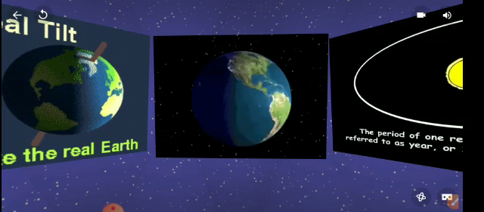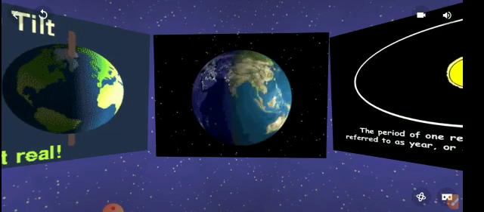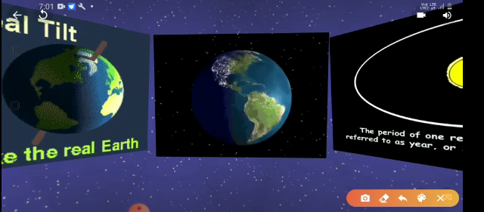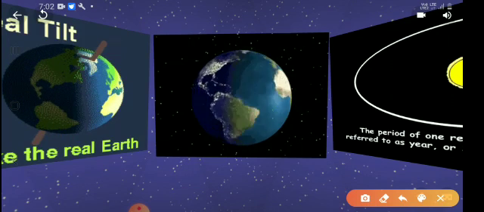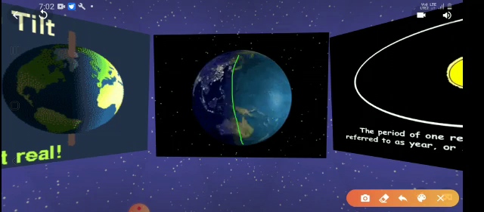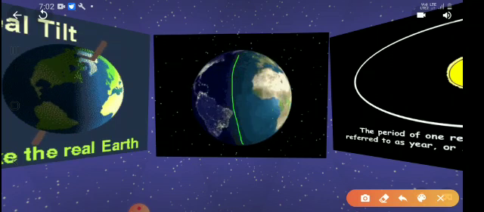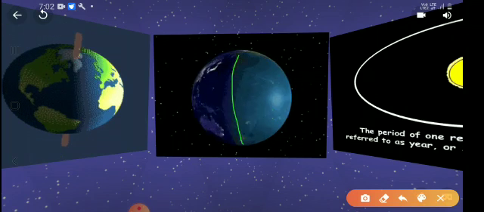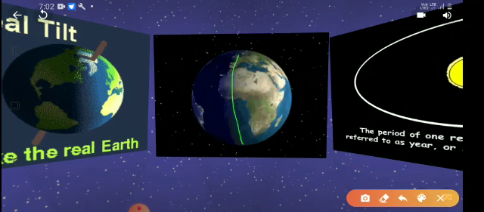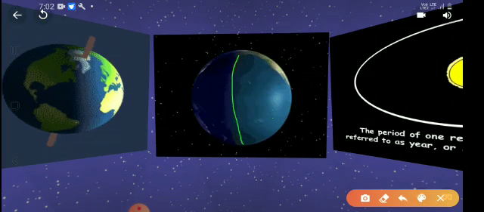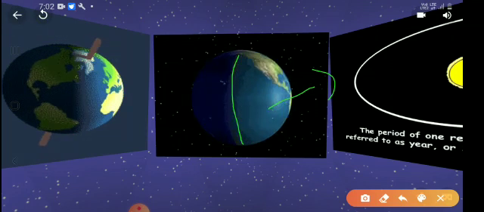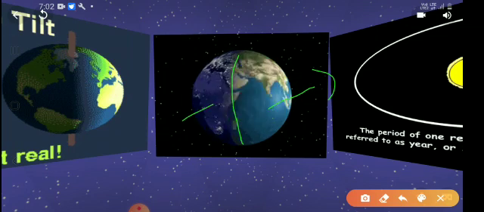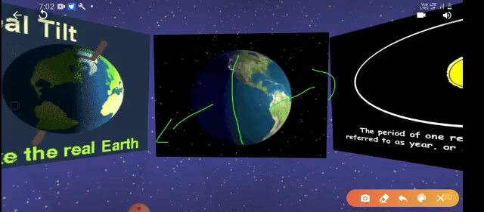Let me tell you, see this GIF over here. Can you see that one part of the earth gets sunlight and another part does not get sunlight? Where the sunlight occurs, we experience daytime, and on the other side we experience nighttime.